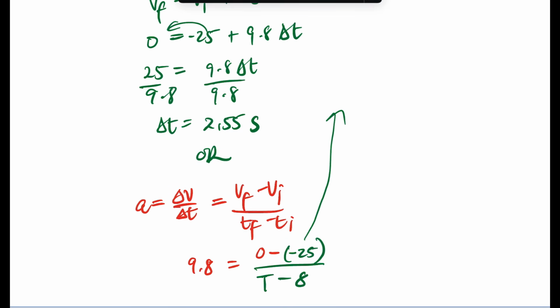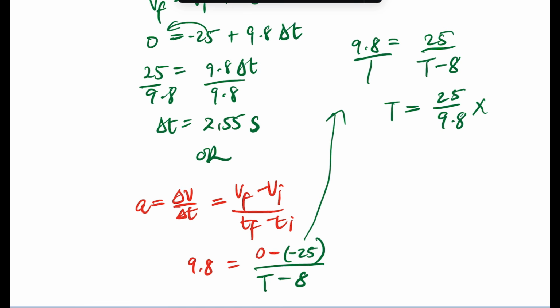So let's write here: 9.8 equals 0 plus 25, which is just 25, divided by t minus 8. When you cross multiply, t is equal to 25 divided by 9.8 plus 8.